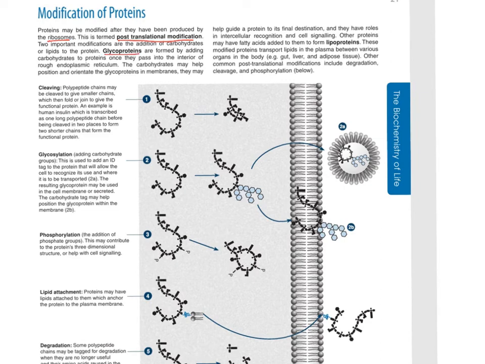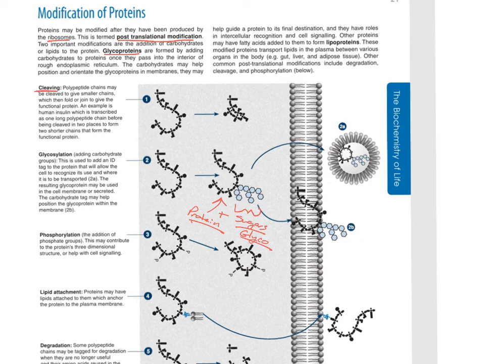We can take the sugar. What does this look like? All right, we can take these groups of sugars, and we can attach them to what? The protein. And together they make a what? Glycoprotein. So together they can form glycoproteins.